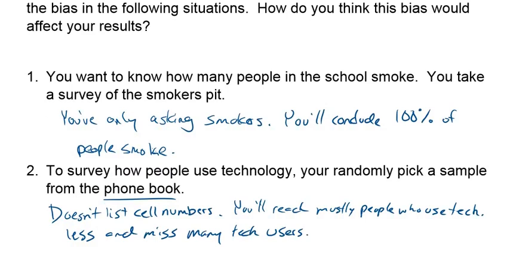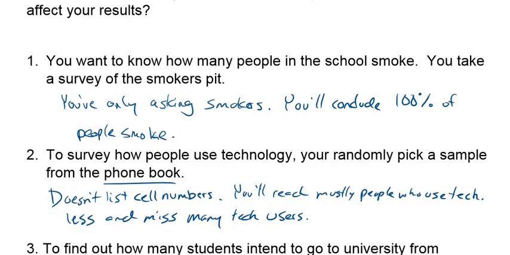It pretty much rules out a lot of people who have a cell phone, and you're going to miss a lot of tech users. So it's going to give you a misrepresentation of the overall population. It's going to give you a lot of people who are not very tech savvy and maybe miss out on some of the people who know a bit more about technology. There are some people in the phone book who have cell phones and who are very tech savvy, but there are also a lot of people who don't, and it's going to skew your results a little bit.